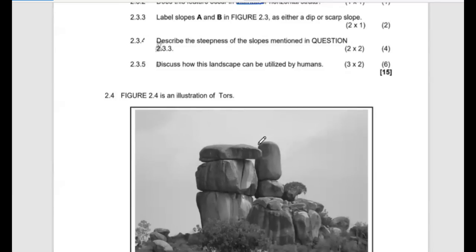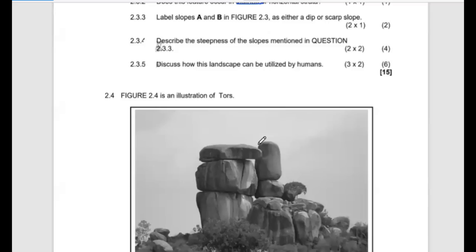Remember, you're supposed to justify how people can benefit from that particular landscape and derive a benefit from that particular landform.